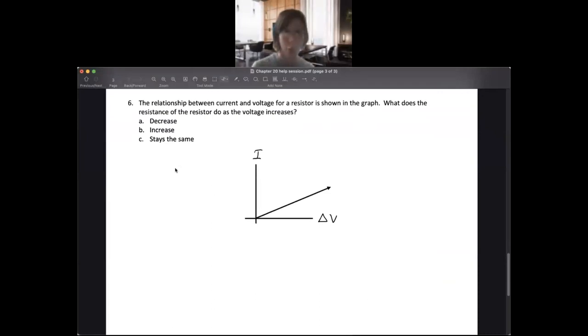So we have a graph that shows current and voltage for a resistor. And we want to know what happens to resistance as the voltage increases. I keep forgetting to reword it; it's not the best wording. If you have no idea, put a question mark.